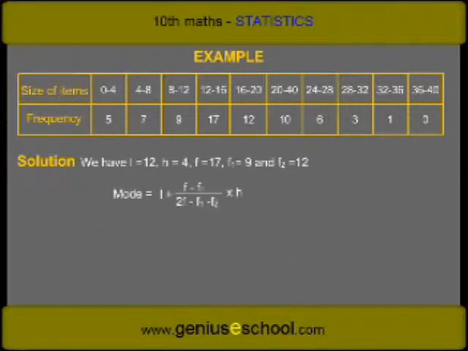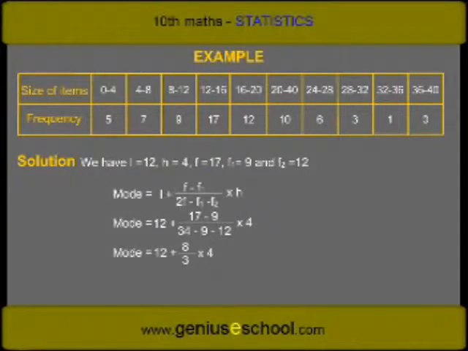Mode is equal to L plus (F minus F1) divided by (2F minus F1 minus F2) into H. Mode is equal to 12 plus (17 minus 9) divided by (34 minus 9 minus 12) into 4.